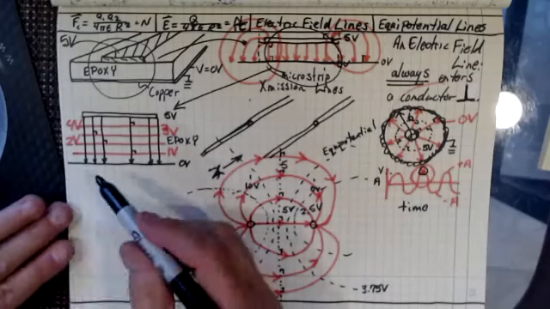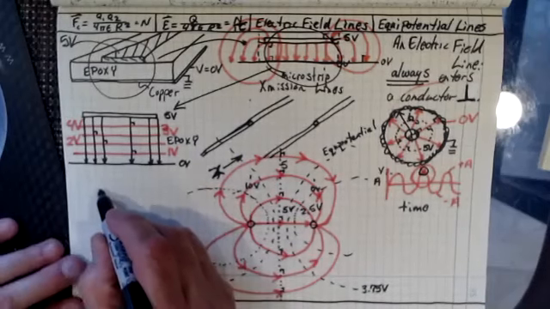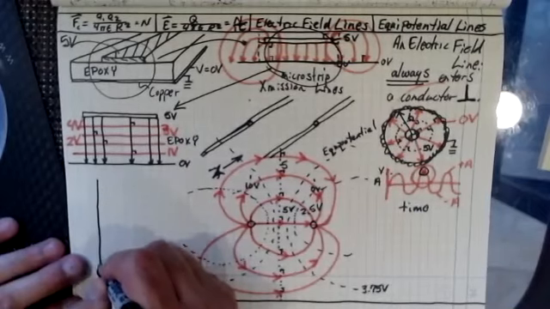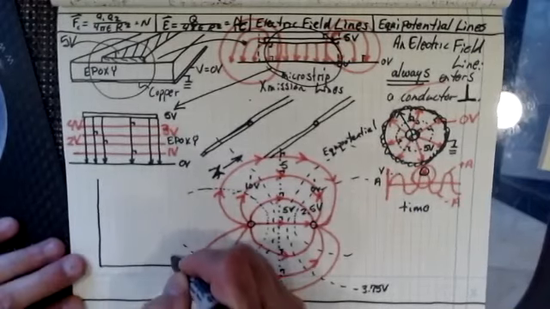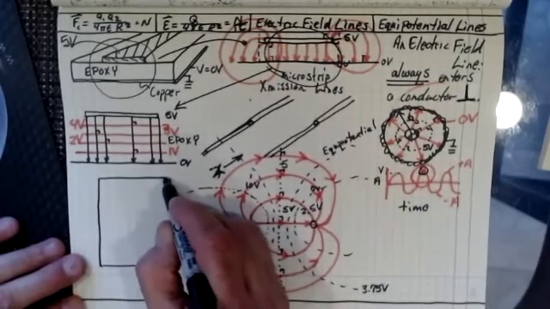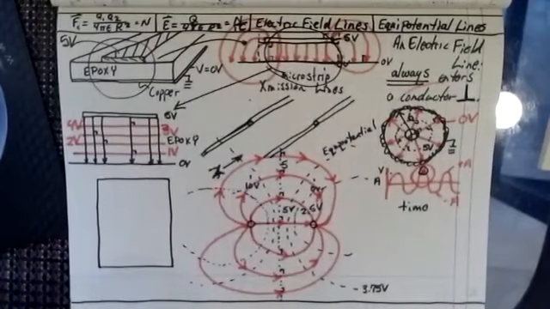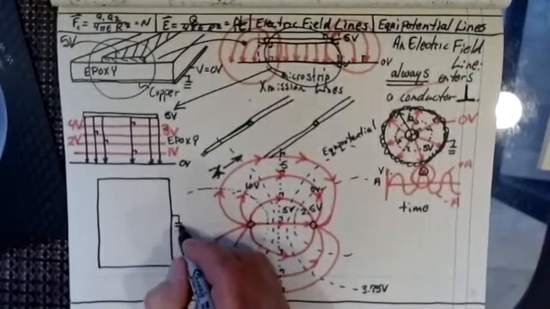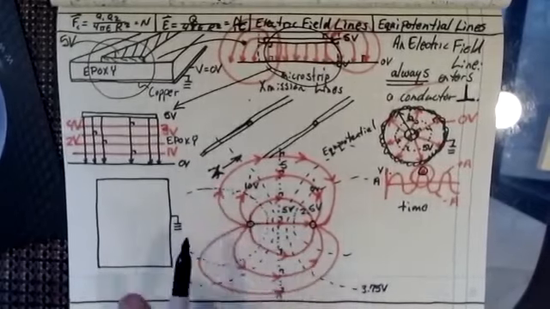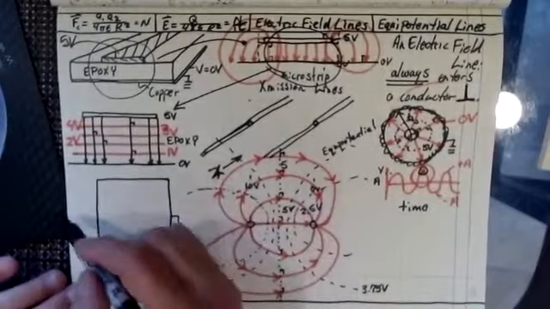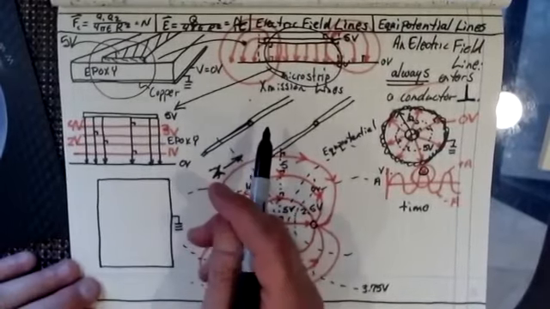Let's just look at one more. What if I had something that was like this? Right? And I grounded this. I grounded the outside of that horn, or whatever it is, that box.